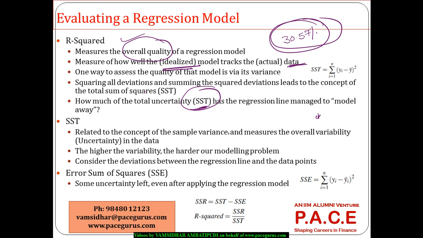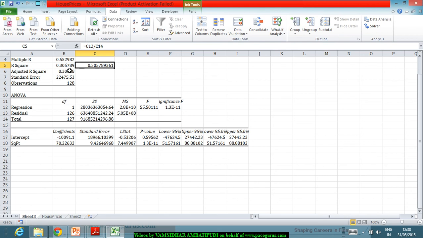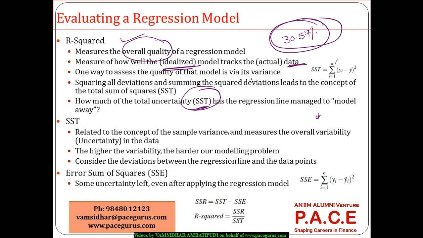Only 30.57% of the variation in the dependent variable, which is the price, is taken care of by the square feet, which means almost the remaining 70% is not taken care of by the square feet.